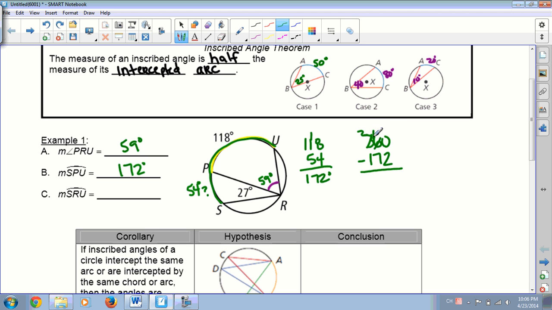Oops, gotta borrow. So 10 minus 2 is 8, and 15 minus 7 is 8, and 2 minus 1 is 1. So this is a major arc because it is a little bit bigger than 180 degrees. It's 188 degrees.